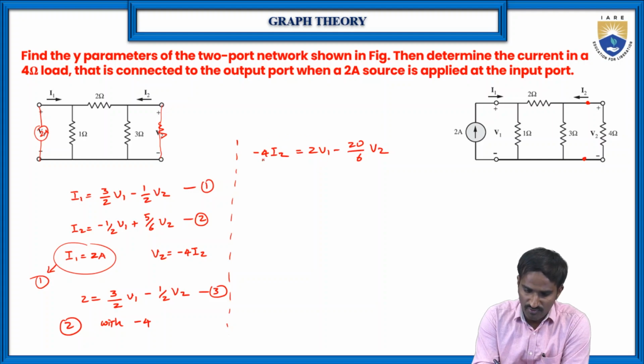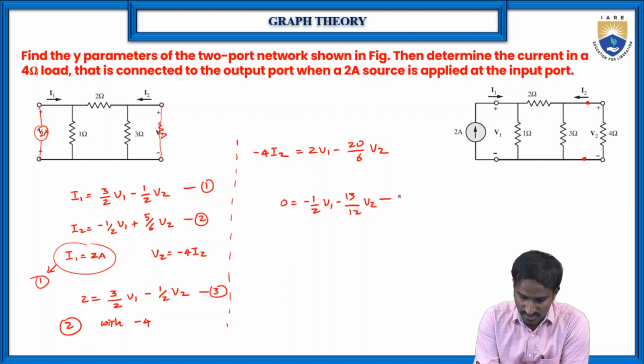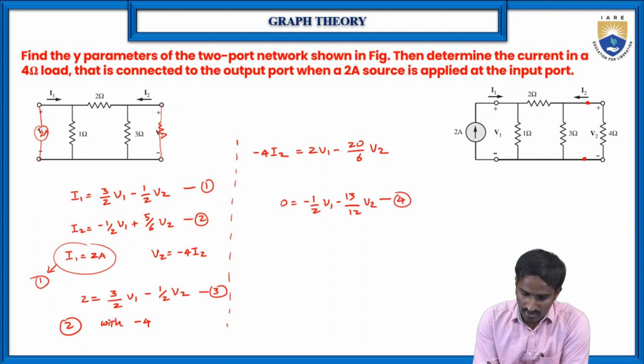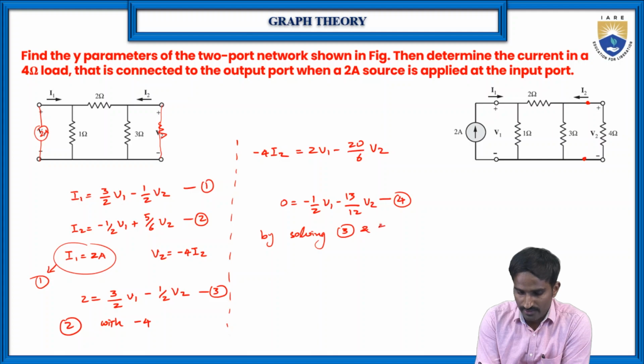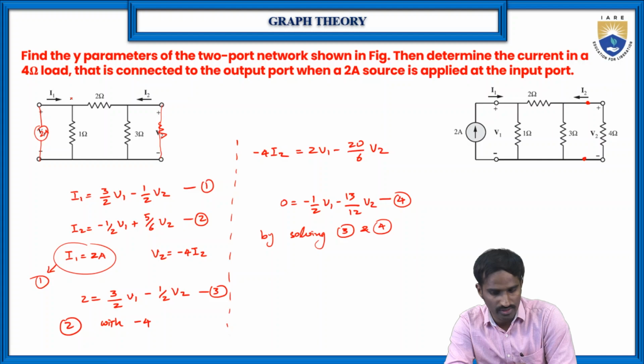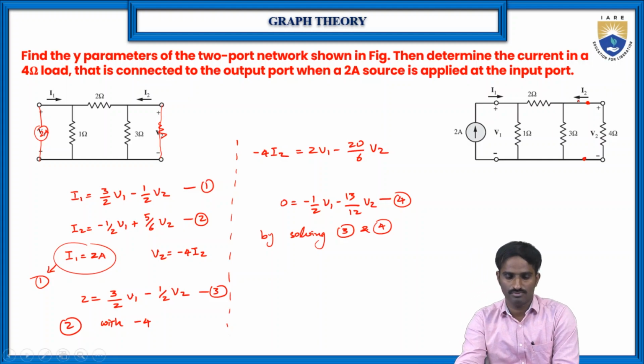By simplifying this equation, you finally get 0 is equal to minus 1 by 2 into V1 minus 13 by 12 into V2. Let us consider these equation numbers 1, 2, 3 and 4. Then by solving equation number 3 and 4, what we actually have to find is the current flowing through the 4 ohm resistor, which is I2.